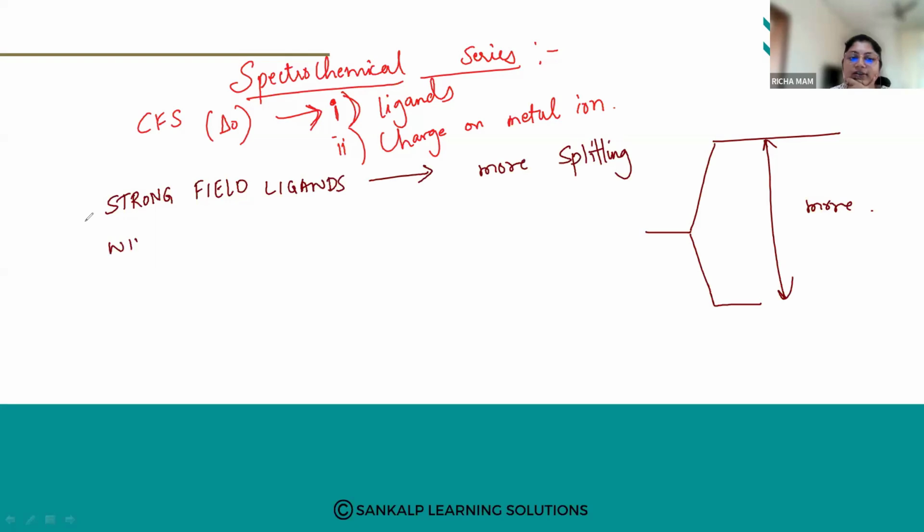And with a weak field ligand, less splitting takes place. So what does less splitting mean?